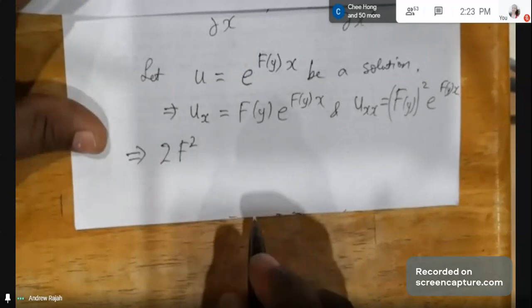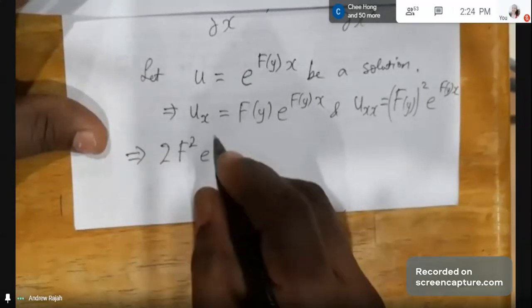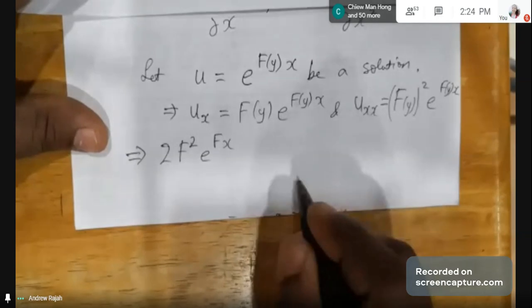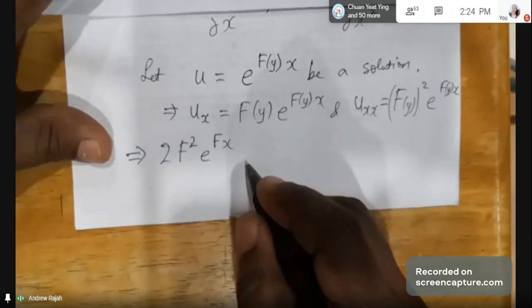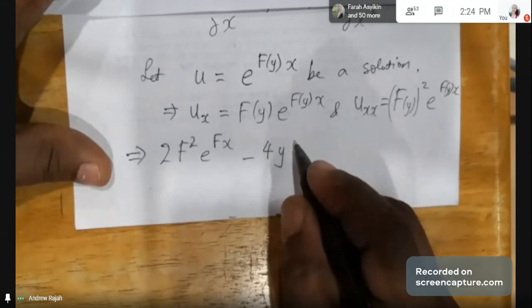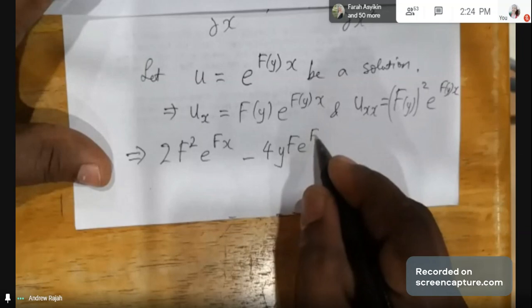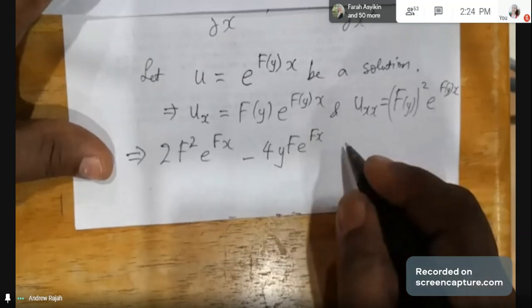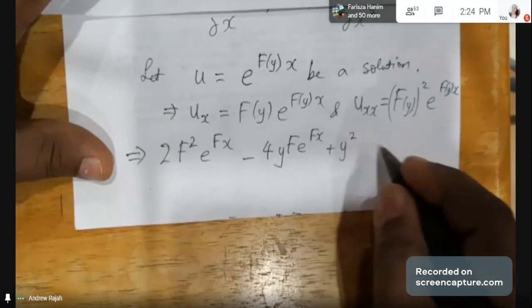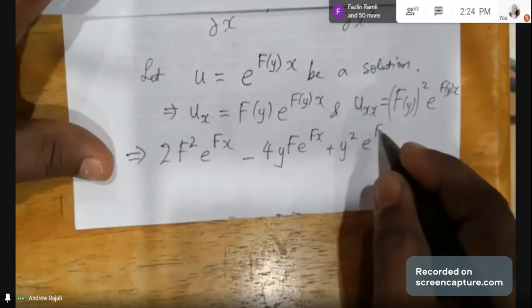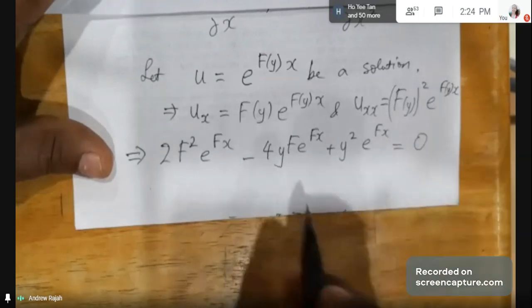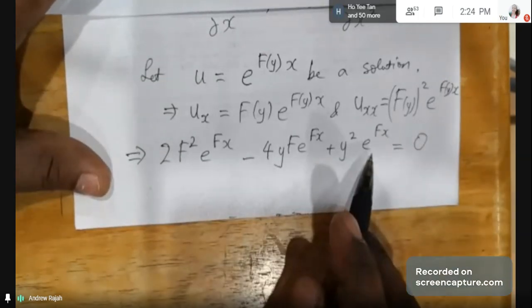Just e to the power of f x, minus 4y f e to the power of f x, plus y squared e to the power of f x.